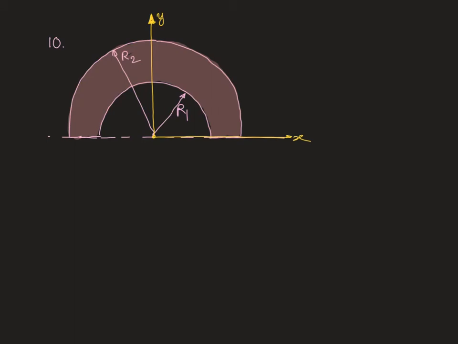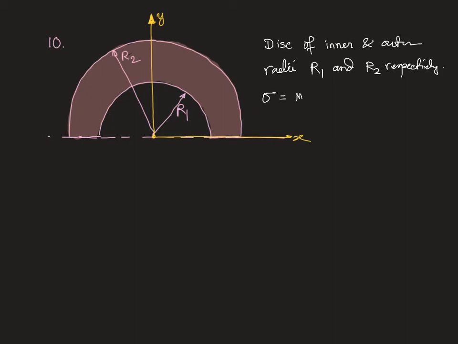So in this problem, this is a disc of inner and outer radii r1 and r2 respectively, and say sigma is the mass per unit area, and that is constant.